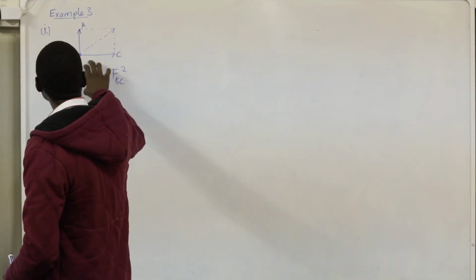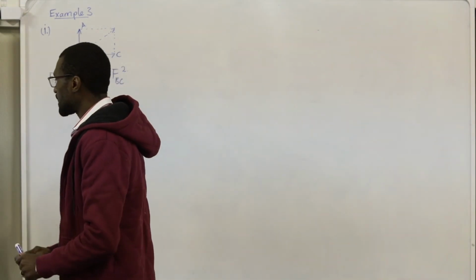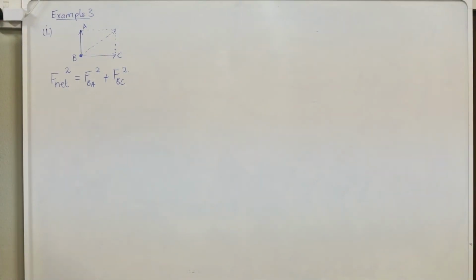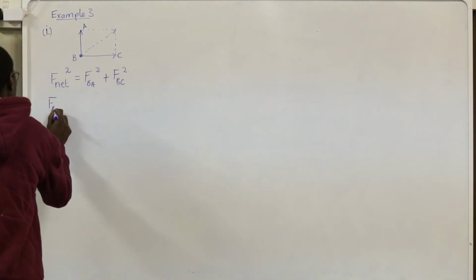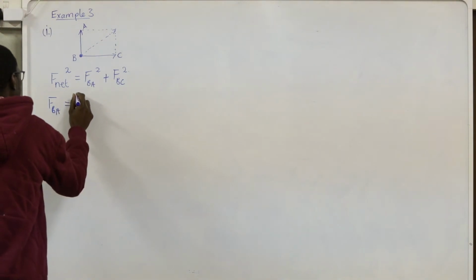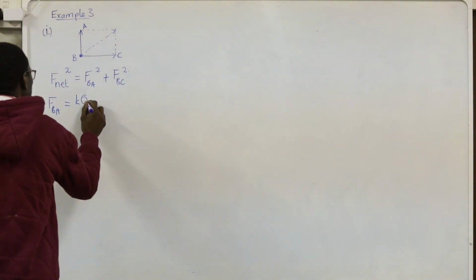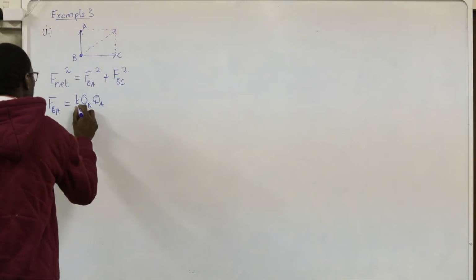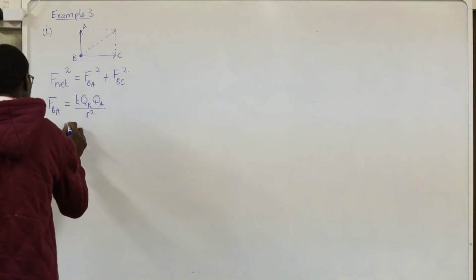So, how am I going to find FBA in order to come up with the net force? The same rigmarole has to come into action now. I have to find the value of FBA, and my FBA is going to be equal to K multiplied by QB multiplied by QA divided by the distance between them squared.